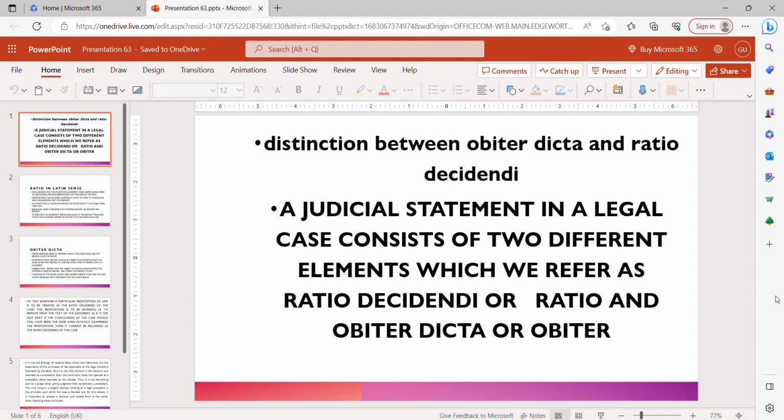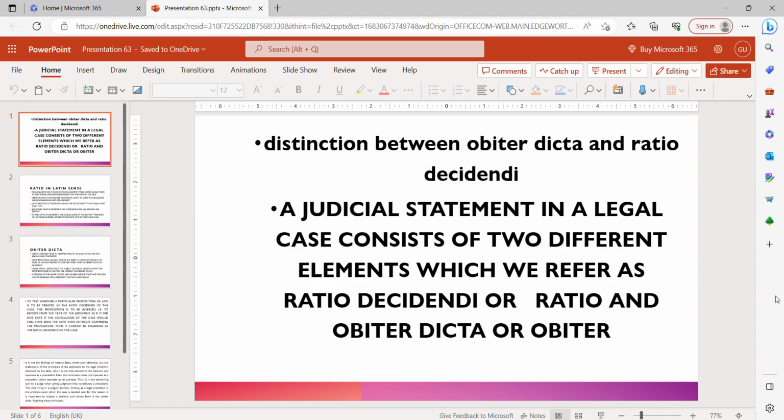If we are aware which statement is obiter dicta and which is ratio decidendi, then we are able to effectively represent our client and win our case. So let us know what is the distinction between obiter dicta and ratio decidendi.